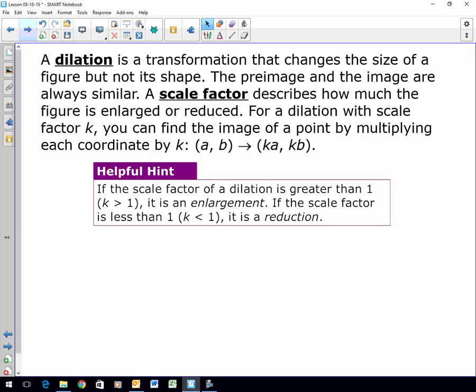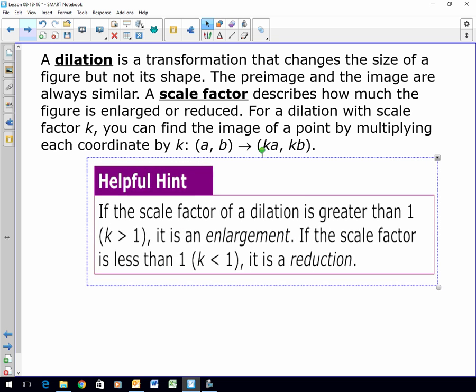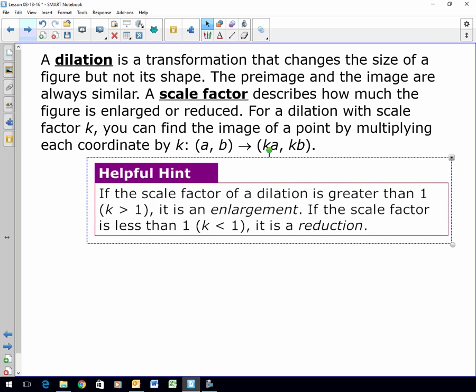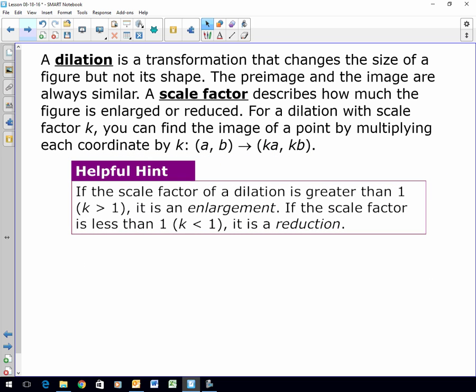Okay. Helpful hint: if the scale factor of the dilation is greater than 1, it is an enlargement. If the scale factor is less than 1, it is a reduction. Keywords you need to have in your notes: enlargement and reduction. Okay? Y'all got me? Don't just say bigger and smaller. Your 4th grade brother can tell me if something's bigger or smaller.